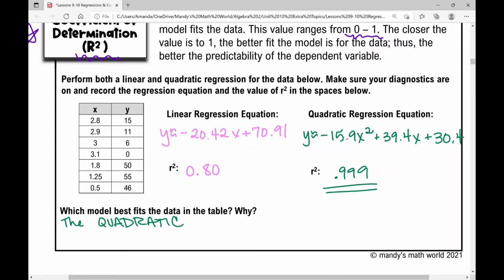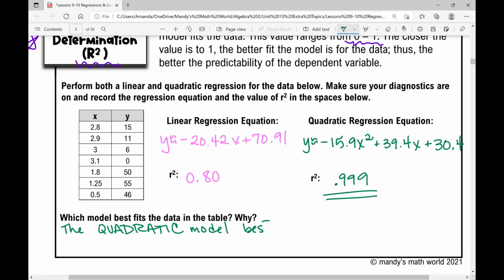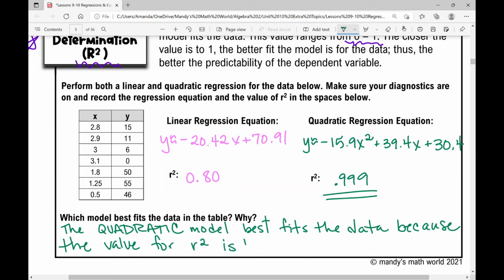The quadratic model best fits the data, and why it best fits the data, because whenever you see why, the word because is your friend, use it, because the value for r squared is higher, or the value for r squared is closer to 1, whatever you want to say.